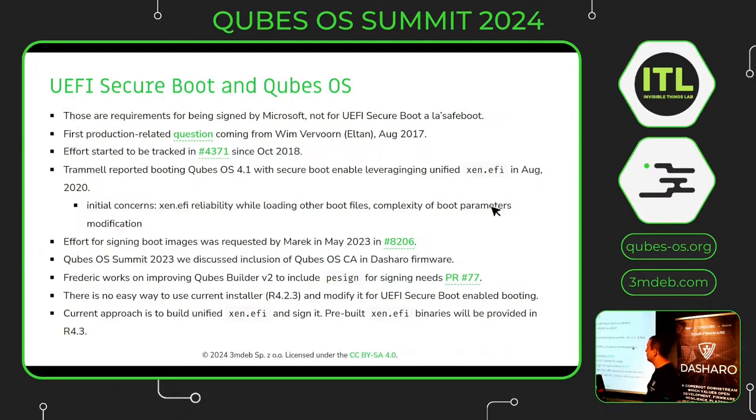The initial concerns from Marek were about Xen EFI reliability while loading from a different medium, from a different implementation of UEFI, and also how to access the files, the kernel, the initramfs, and so on. But I guess the solution is to build everything in a UKI way.